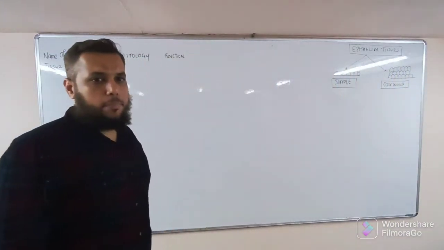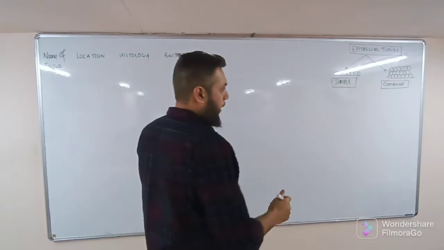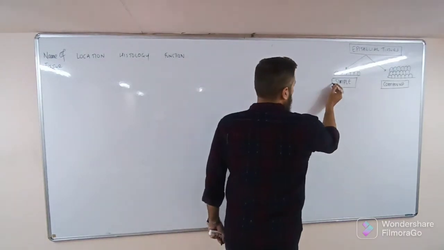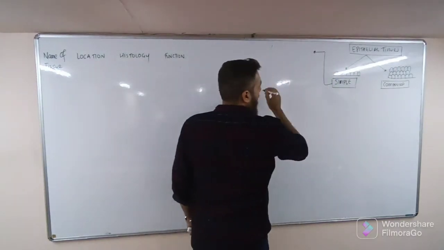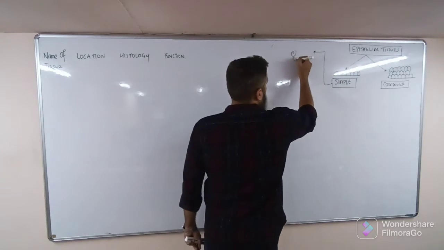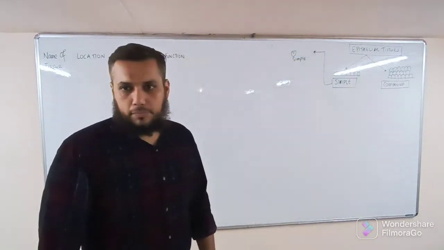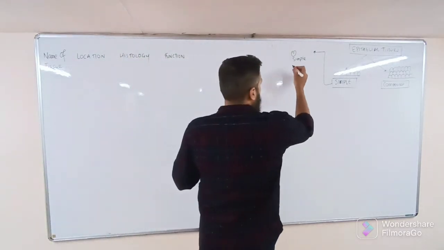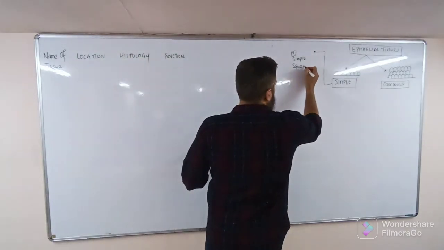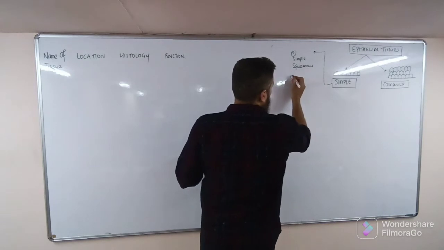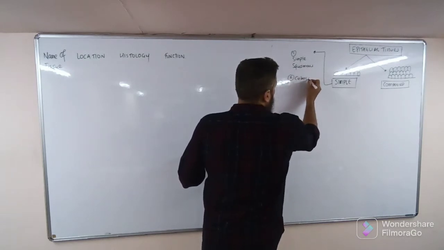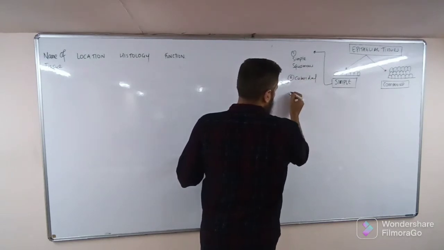Now, the simple epithelia is further classified into different types. Like we have got simple squamous epithelium. सुना होगा ना आप लोगों ने? Simple squamous epithelium. Then you have a simple cuboidal epithelium.